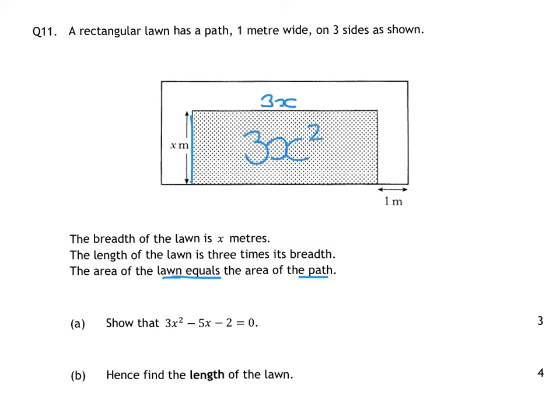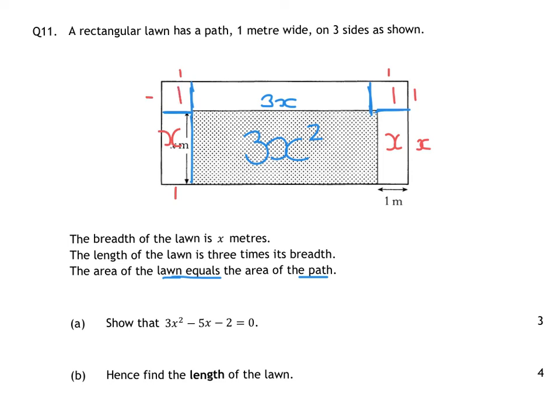I'm then going to split up the path into lots of different sections. So I'm going to split it up like this, and change my pen colour to red. The area of this bit here is 1 times x, so that area is x. Same on the other side, it's x times 1 because the path is 1 wide. If the path is 1 wide, then the wee squares in the corners are 1 times 1, which is 1.